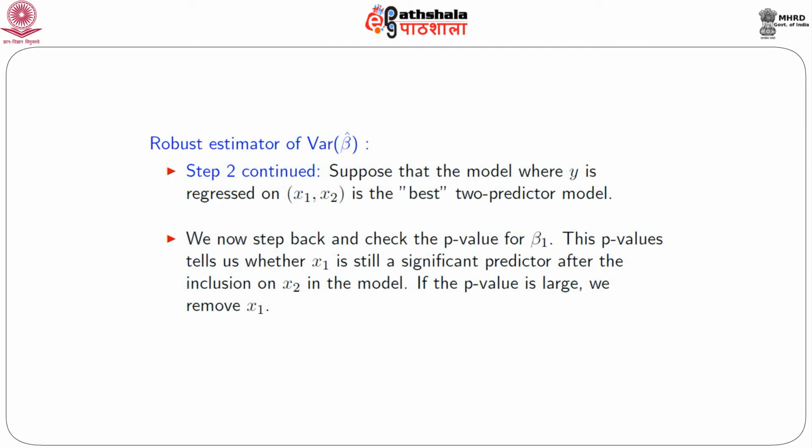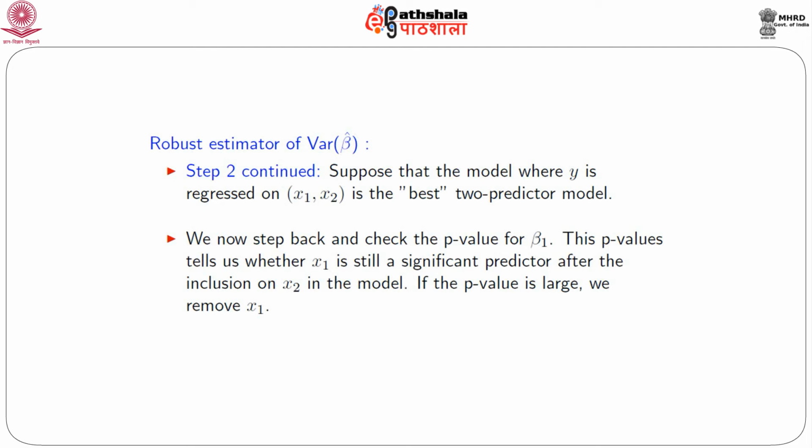This p-value tells us whether x1 is still a significant predictor after the inclusion of x2 in the model. If the p-value tells us that it is significant, we retain it in the model. If not, we remove x1 and the model is now left with only one predictor, which is x2.